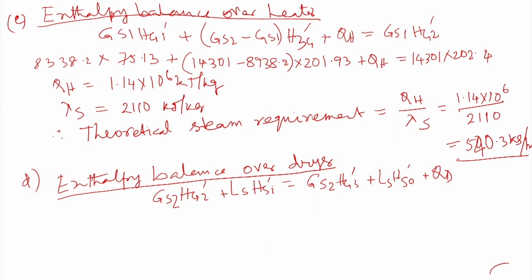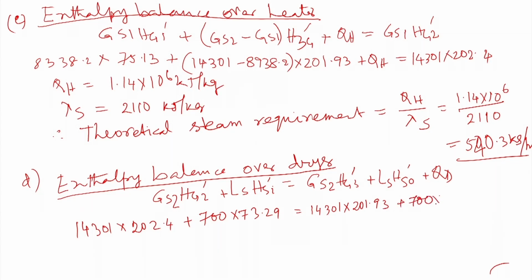All the values we will be getting like this: 14301 into Hg2 prime 202.4, plus Ls equal to 700 into Hsi prime 73.29, is equal to GS2, 14,301 into Hg3 prime 201.93, plus Ls equal to 700 into Hso prime, that is 52.28, plus Qd.